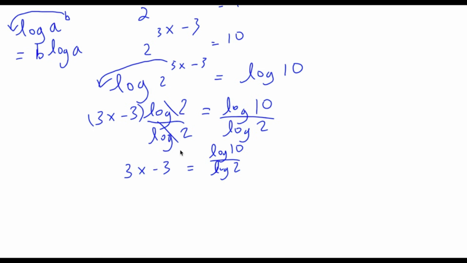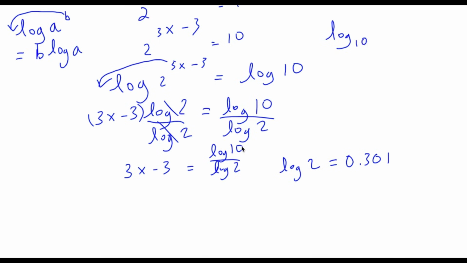Now, the value of log 2 is equal to 0.301. And log 10, this is the same thing as 1, because any logarithm always has a base of 10.